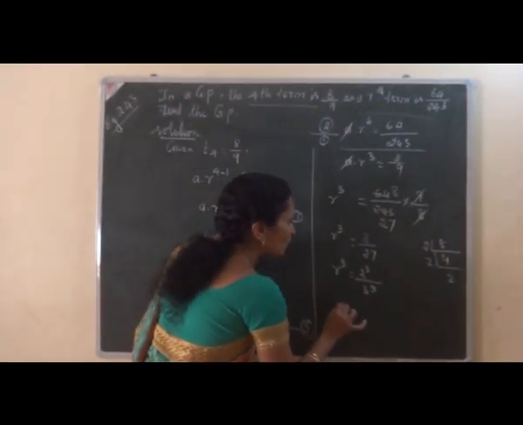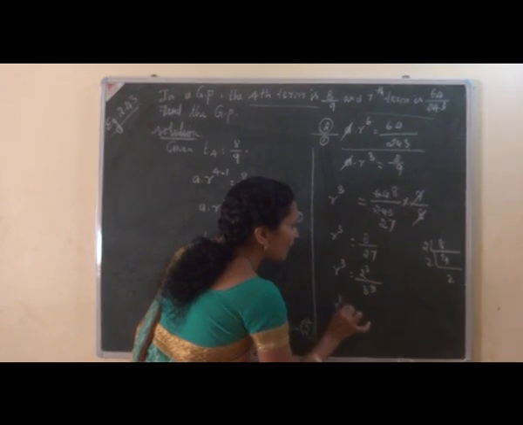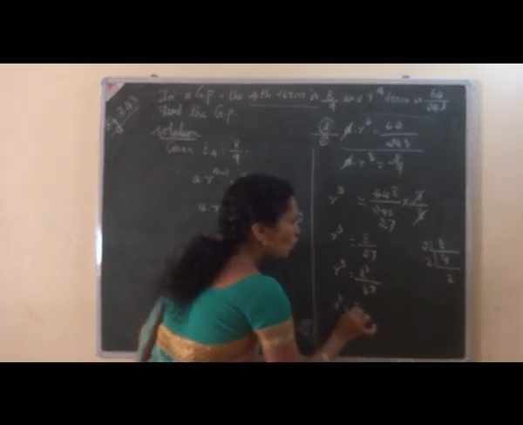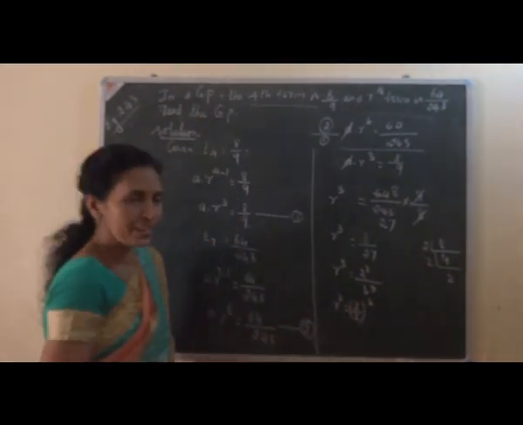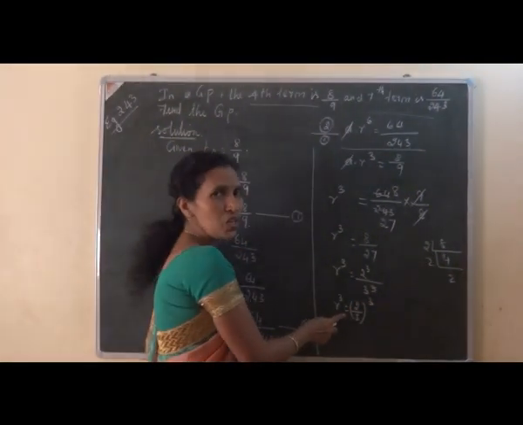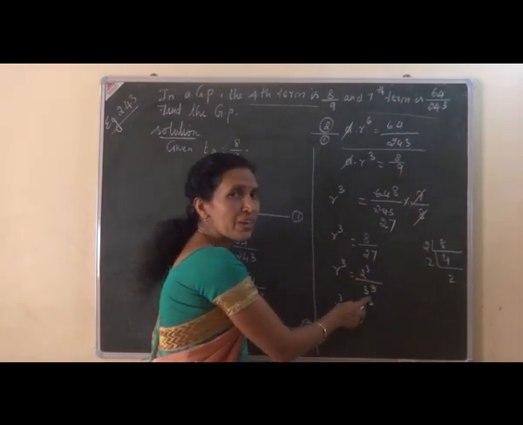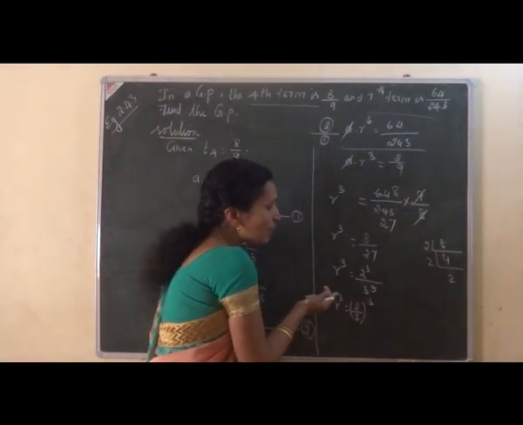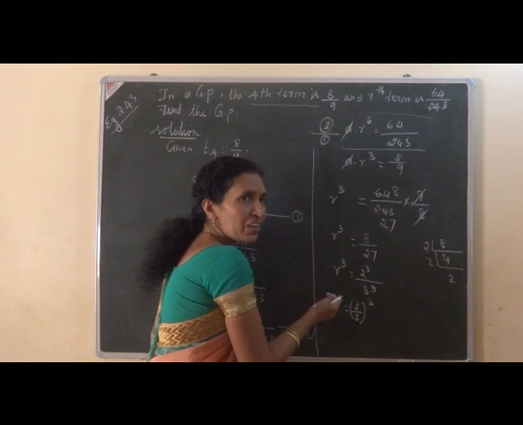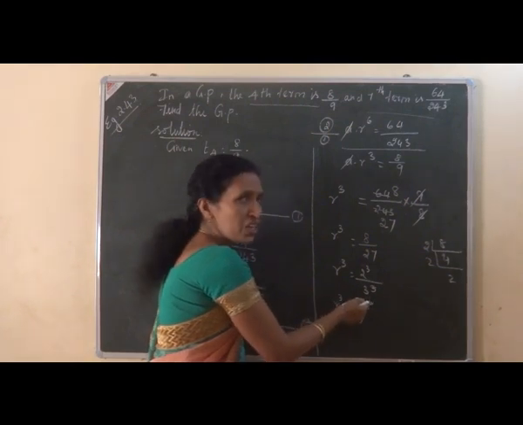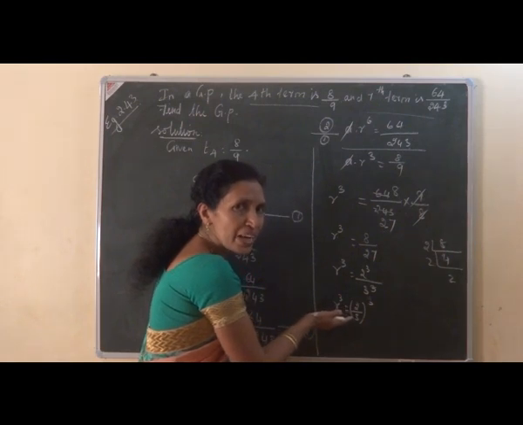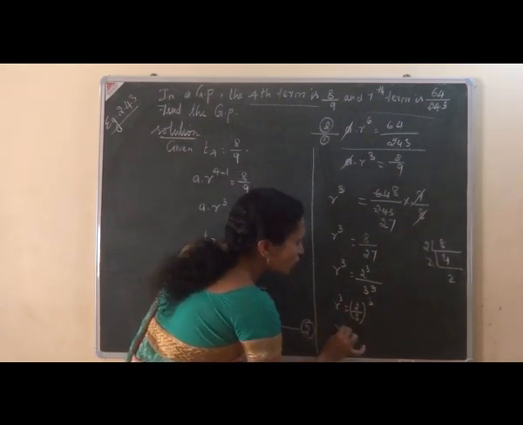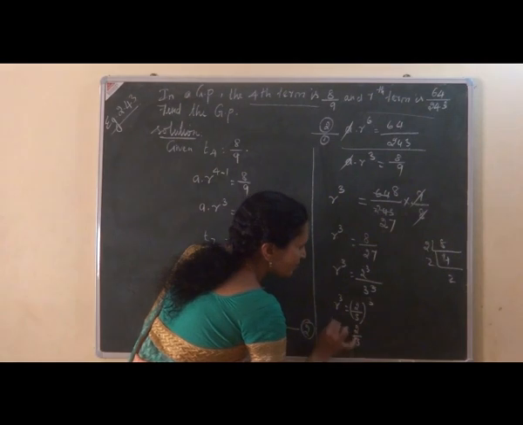So R power 3 equal to 2 by 3 the whole power 3. Here the power is the same, 3 and 3, so the base must also be the same. So R equal to 2 by 3.